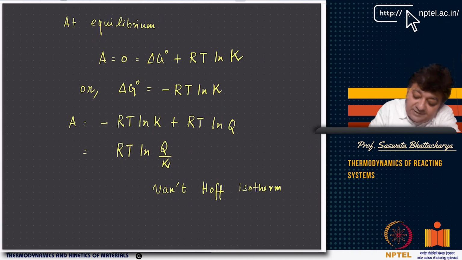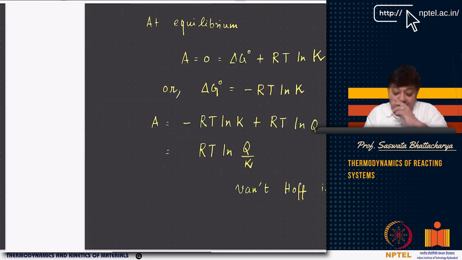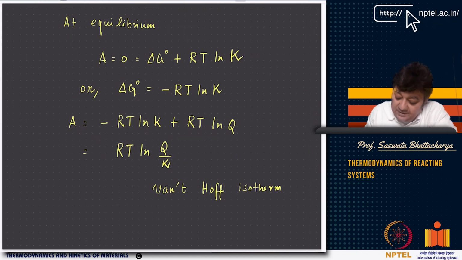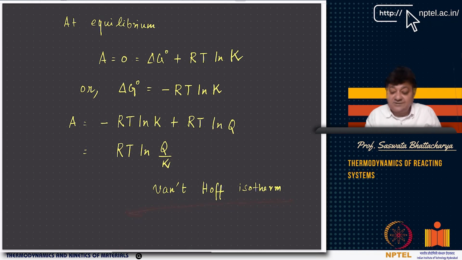At equilibrium A equals 0, that means delta G0 plus RT ln K equals 0, so delta G0 is minus RT ln K. So A is delta G0 plus RT ln Q, and delta G0 is minus RT ln K. So the affinity of the reaction is basically energy, which is RT ln Q by K. Ln Q by K has no units, so A has a unit of joules per mole, and this is called the Van 't Hoff isotherm.